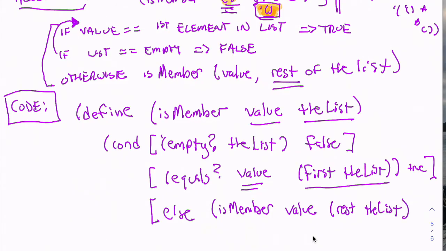So that will strip off the first item in the list, and we'll have the rest of the list. All right, we're going to close the cond, and then we'll close the define.